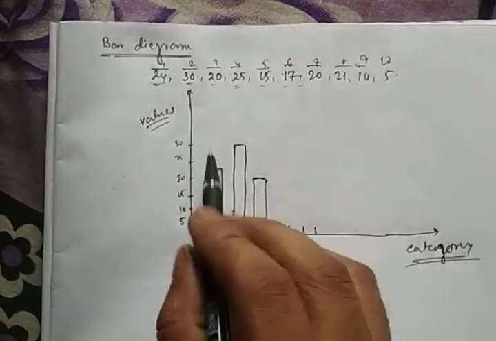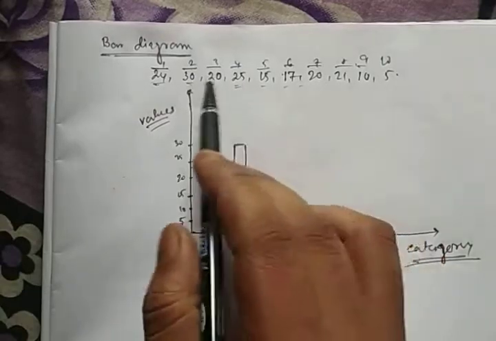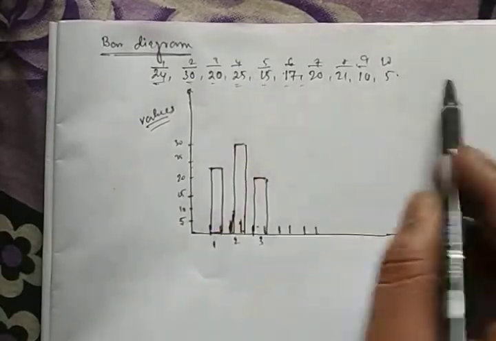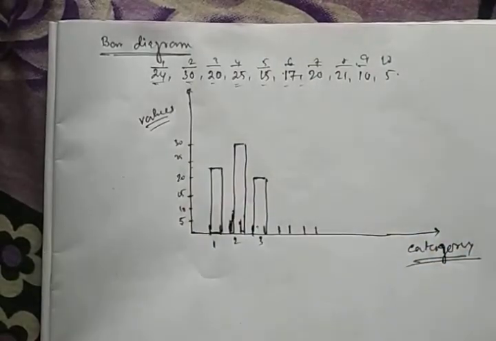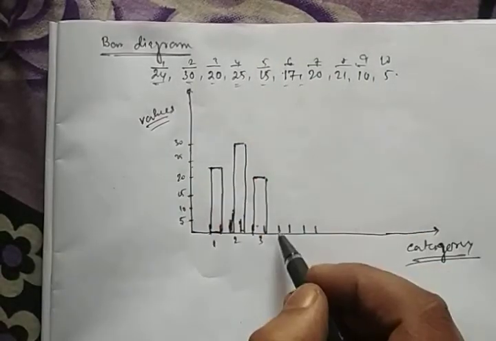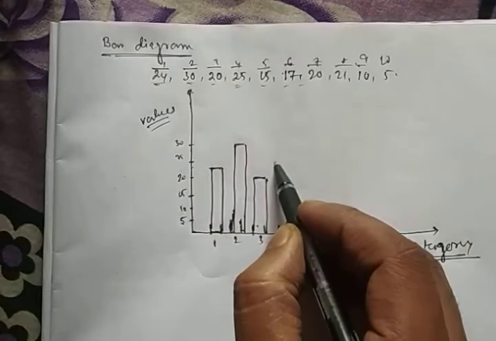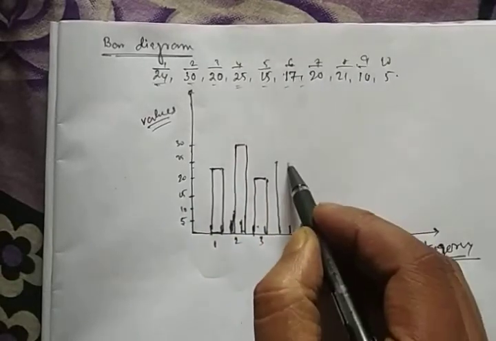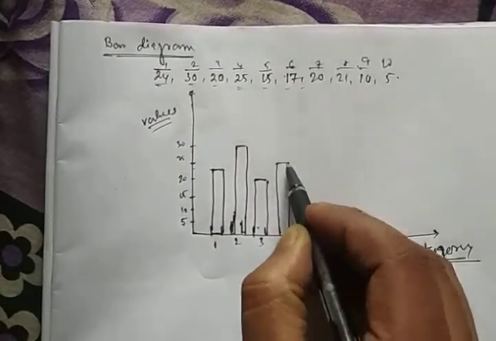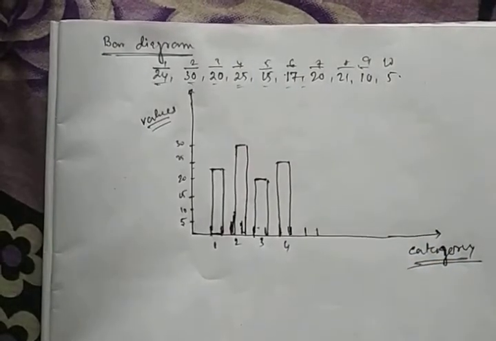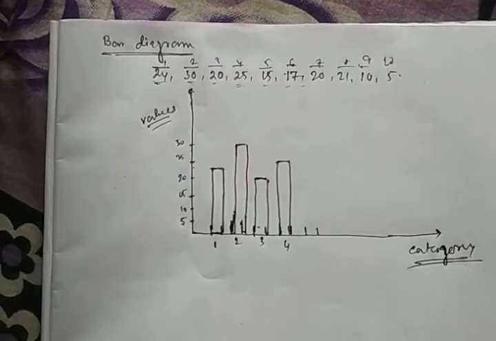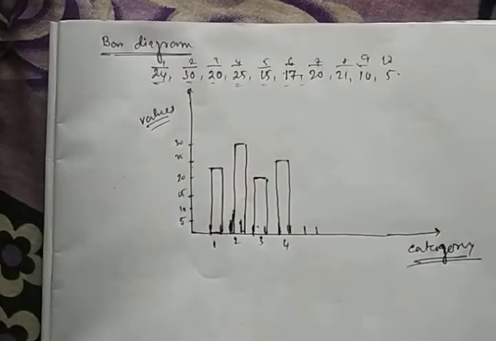Next will be 25, which will have the height up to this. In this way we will get the other rectangles. So in this way we represent the data by a bar diagram.